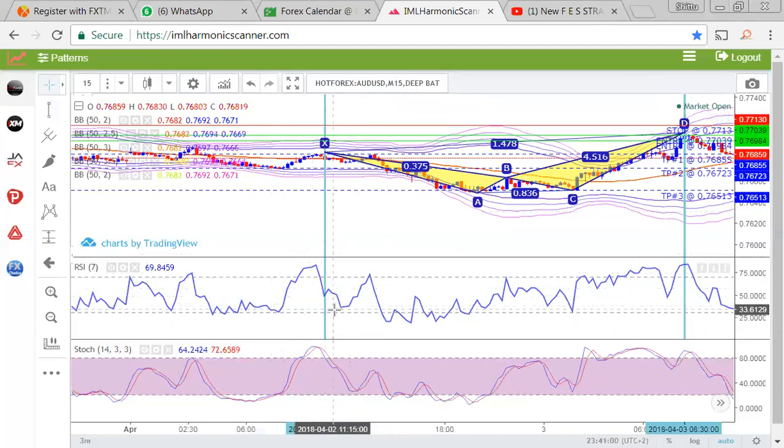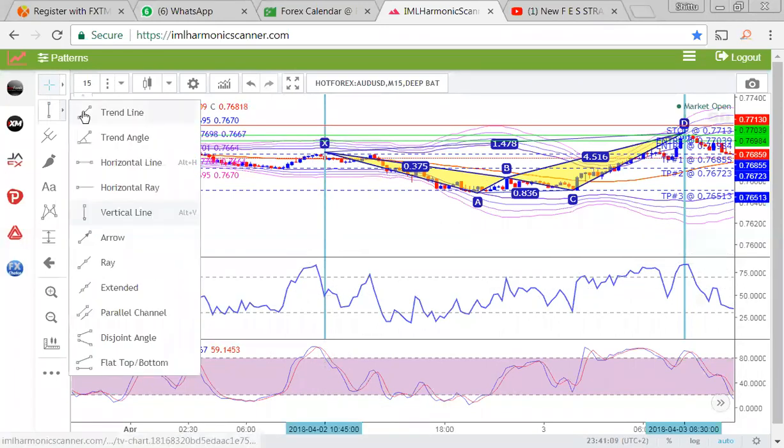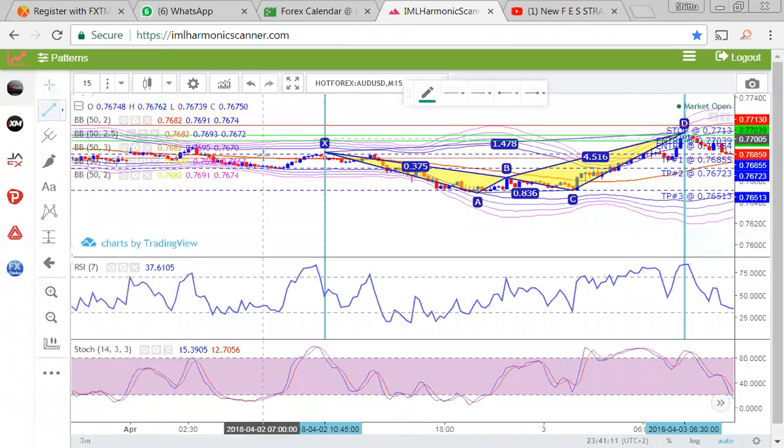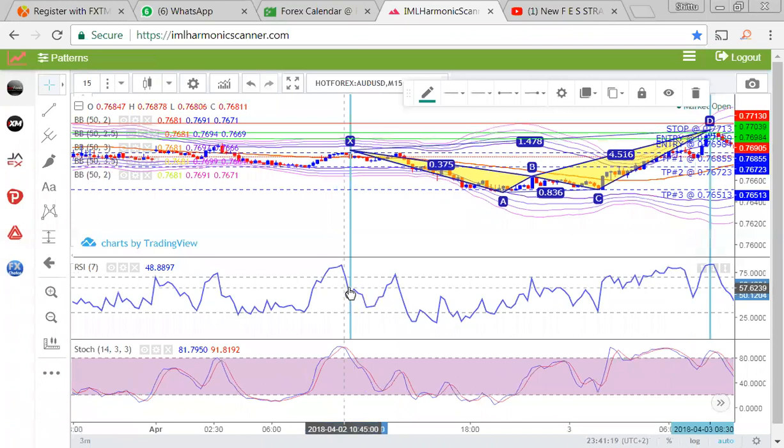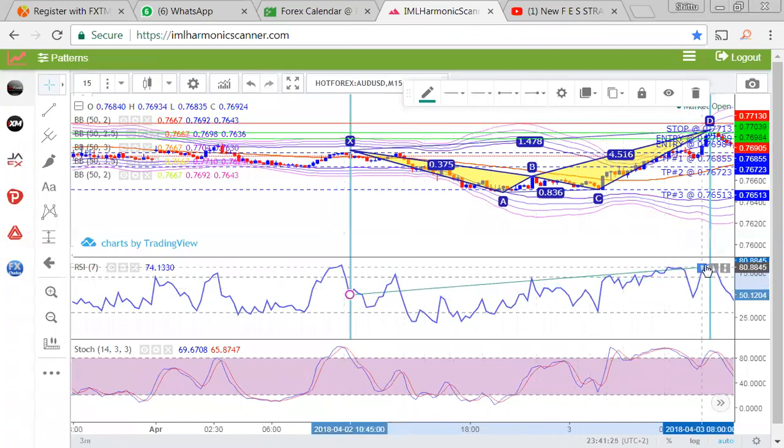The line on X touches the RSI at about this point. So I will draw a trend line to be sure there is a divergence. So I bring it to where the confluence point is and I drop my line. Then I draw the other way to go and touch this guy on the D side of the view. Alright.